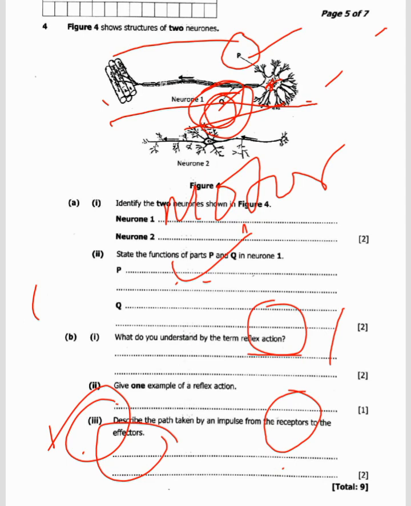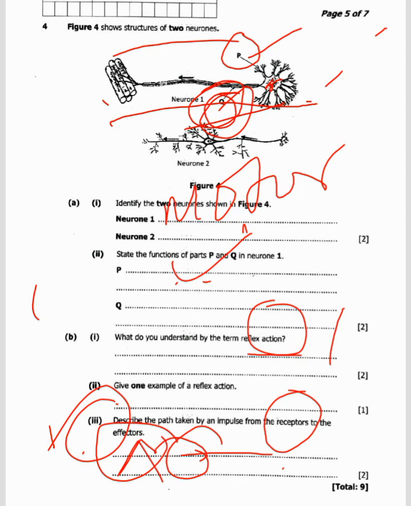The sensory neuron transmits the same impulse to the relay neuron, and the relay neuron passes it on to the motor neuron. The motor neuron transmits that impulse to the effectors. The effectors, if they are muscles, are the ones that help you remove your hand.